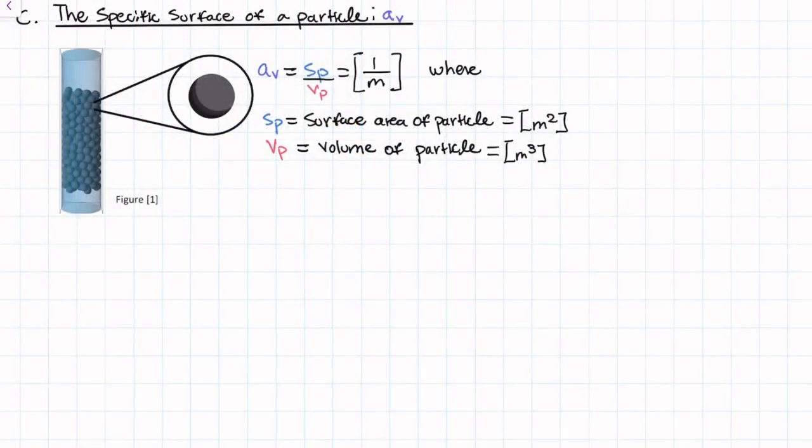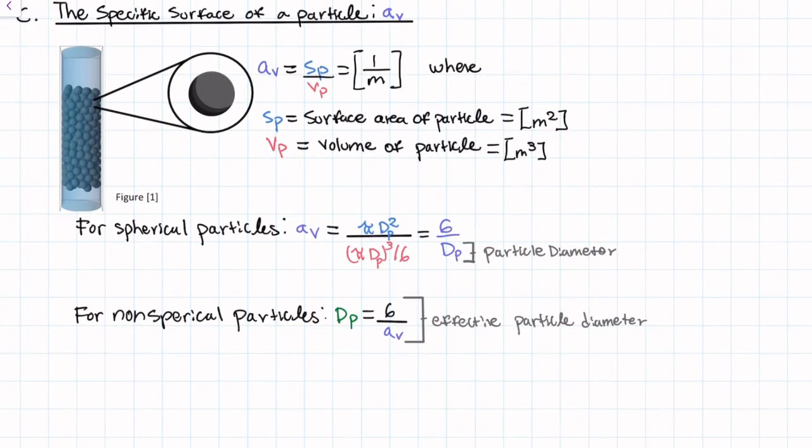Next, we're going to define the specific surface of a particle. This is designated A_V. So we have to zoom in on a single particle in the packed bed. And then we have to take the surface area of the particle and divide it by the volume of the particle, and this will yield the specific surface of the particle. For spherical particles, it's easy to define the specific surface.